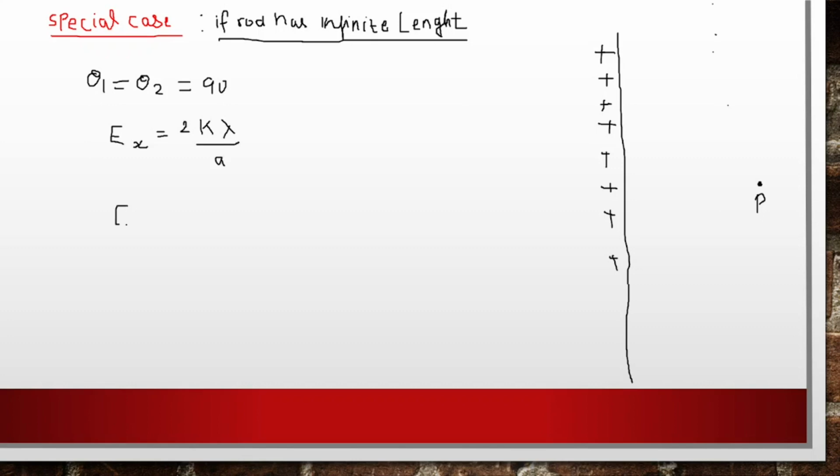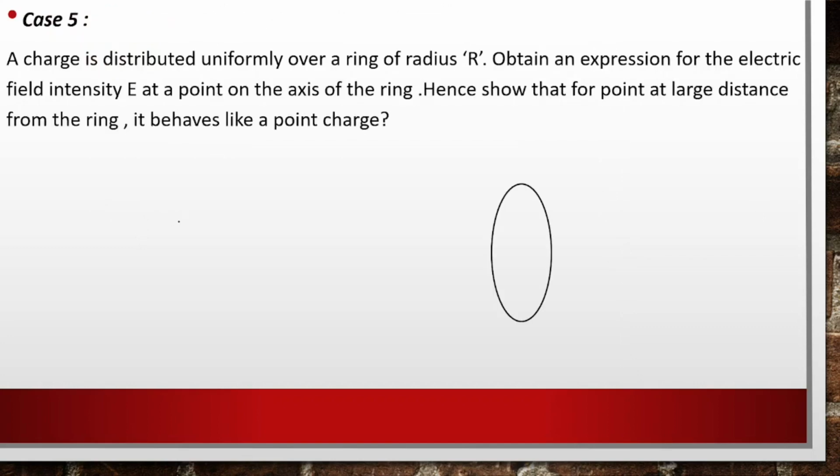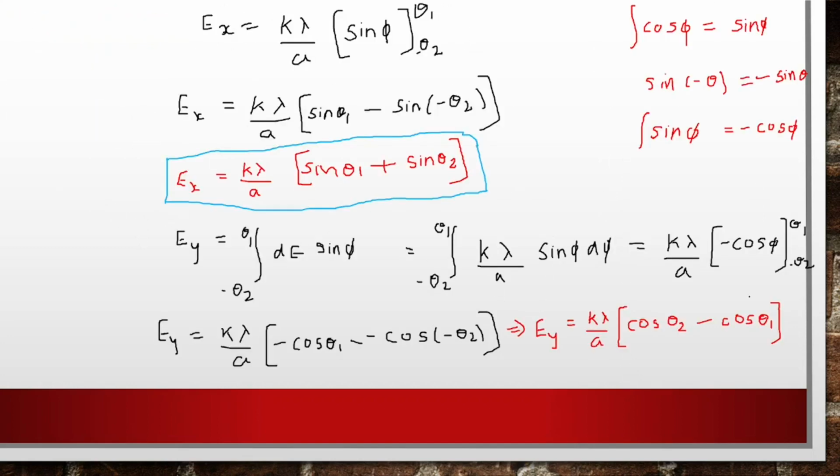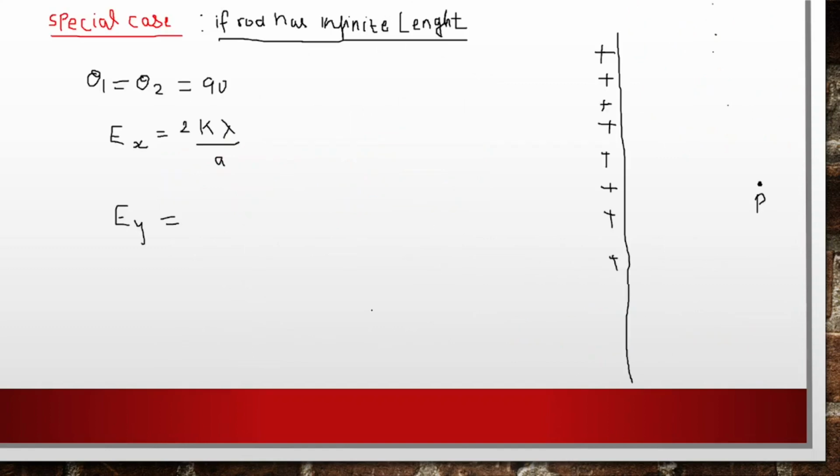And Ey is equal to cos 90, 0, minus cos 90, 0. So this whole becomes 0. So Ey becomes 0 and Ex becomes 2k lambda by a. In some of the textbooks, this Ex is represented as E perpendicular and this Ey is represented as E parallel. So that's this case.